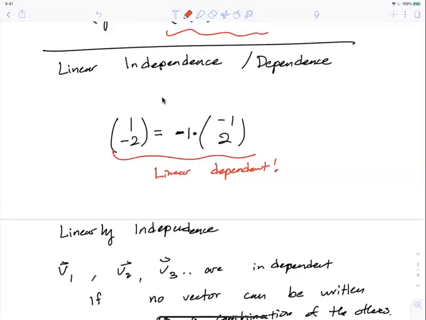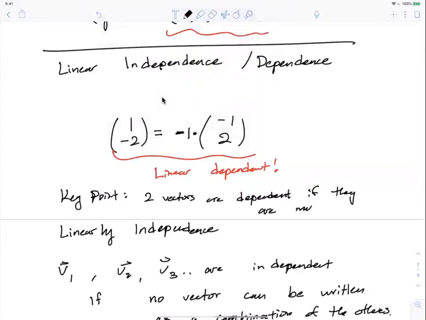In this case, we only have one other vector. So maybe a key point is that two vectors are going to be linearly dependent if they're multiples of each other. Or put another way, they have a common ratio among their terms.